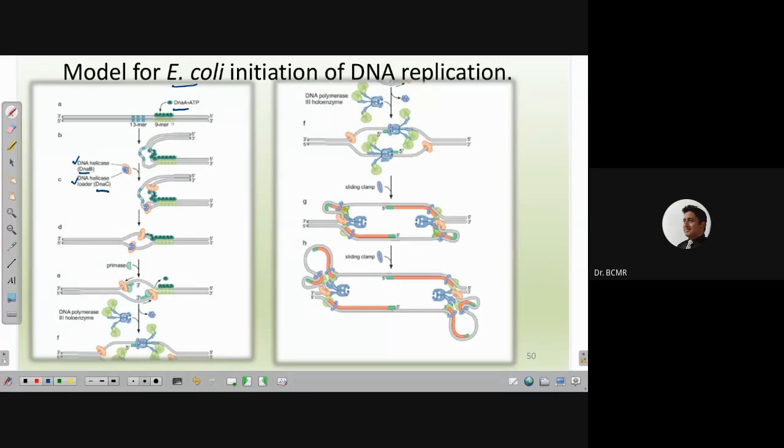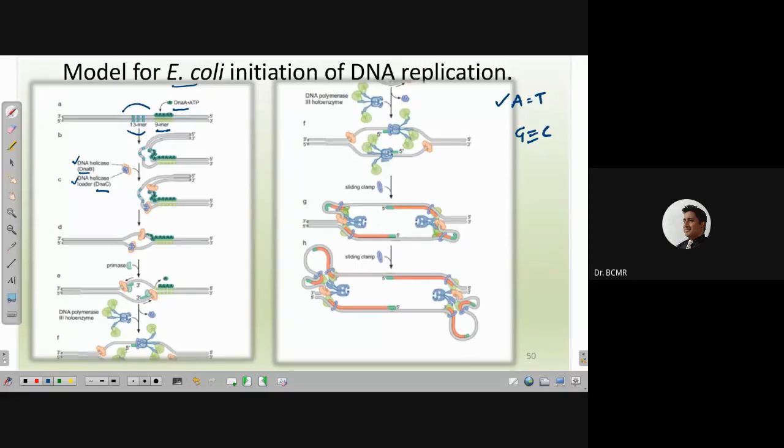So DnaA protein binds to the 9-mer repeats that are present here, and then they twist the DNA so that the DNA present in this 13-mer opens up. This 13-mer has increased AT content, instead of GC. You will not find much GC in it, because the region where we expect denaturation should be rich in AT, as it has fewer hydrogen bonds, so it's easier to denature.